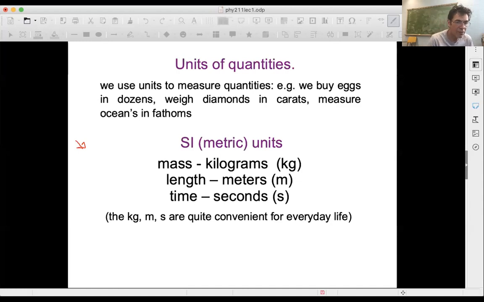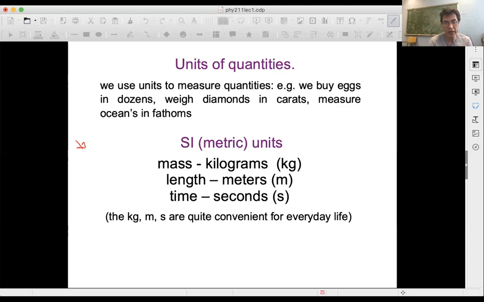In science, all right, I'm not a pirate and I'm not a farmer. In science, we tend to use scientific units. And the scientific units that we most often use are called the System International units, SI units, or they're sometimes called just the metric units. So for mass, we use the kilogram as a unit for measuring mass. For length, we use a meter.